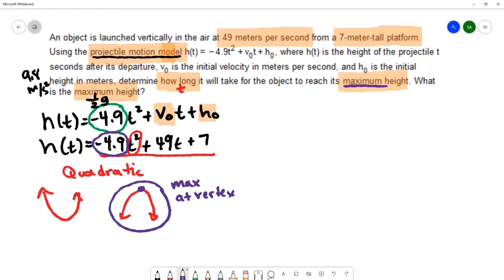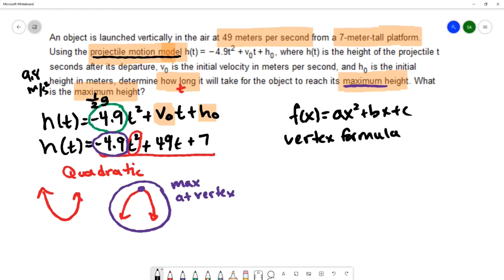So in order for us to find how long it will take to reach the maximum height and the maximum height itself, we need to find that vertex. Quadratic functions come in the form f of x equals ax squared plus bx plus c. And with that, we have a vertex formula. The vertex is h, k. We can get the x-coordinate of the vertex by following this formula, negative b over 2a.